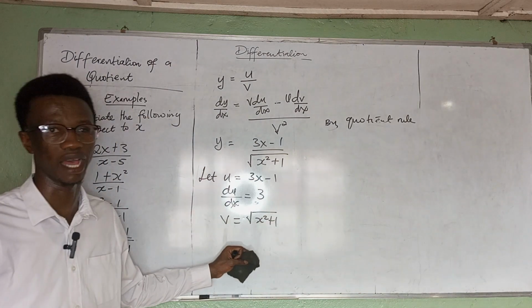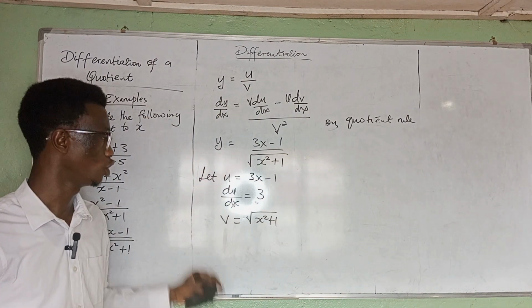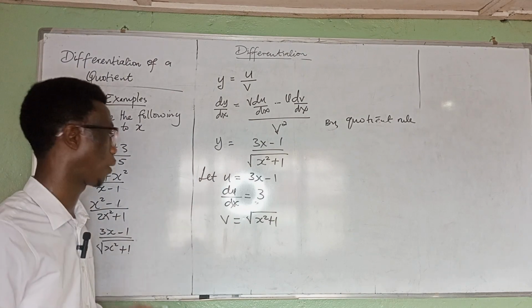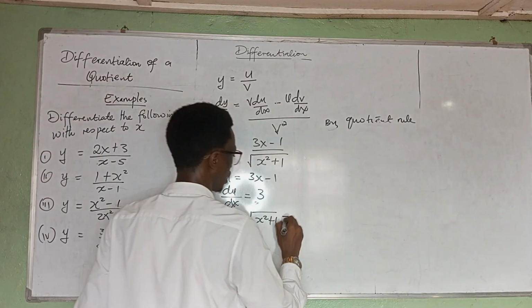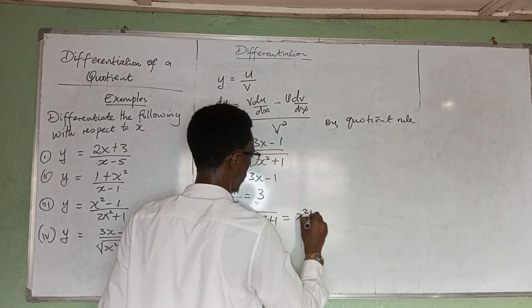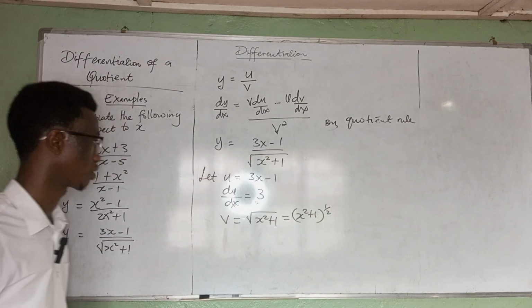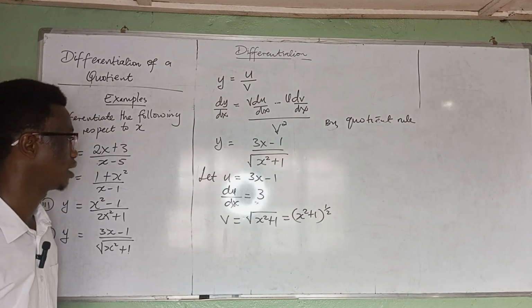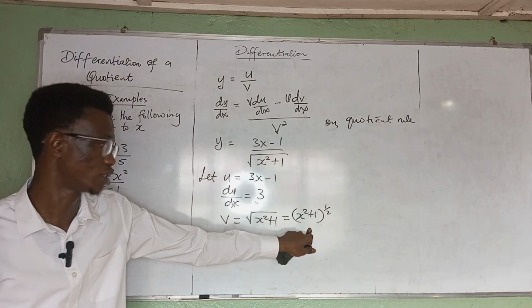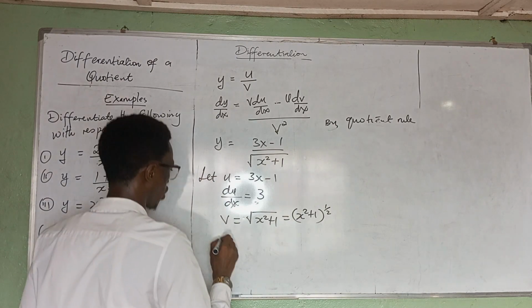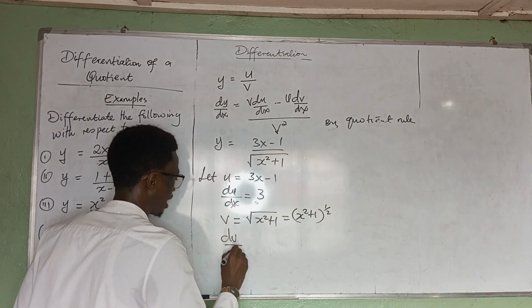The first thing you have to do here, when you have a root, is change it to a power. Root is the same as x squared plus 1 all raised to the power half. Now you can differentiate this, so dv by dx.